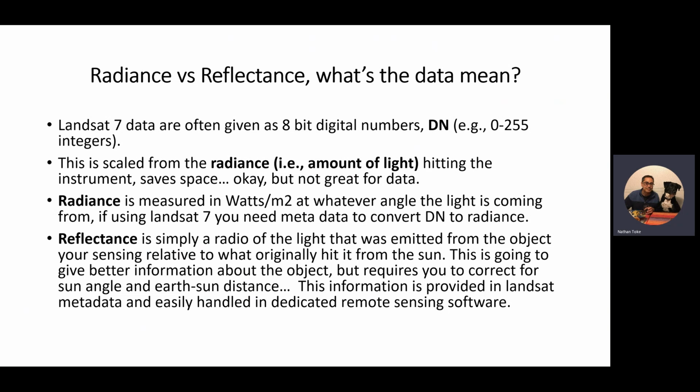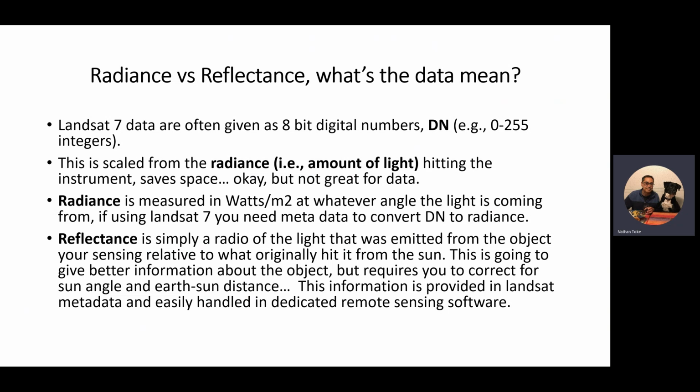It's okay. This saves space. It's not a very intensive data format. 255 is like maximum intensity of light hitting that sensor. Radiance is measured in watts per square meter, and these are just digital numbers. And so that is clearly not what's shown here.